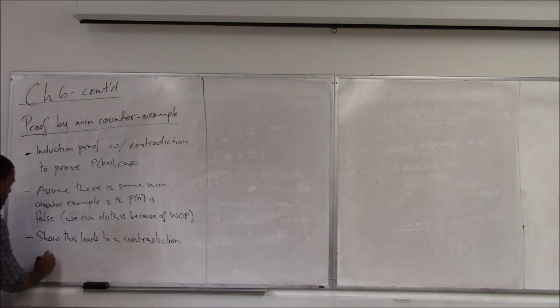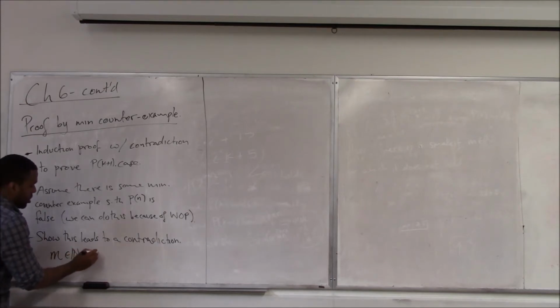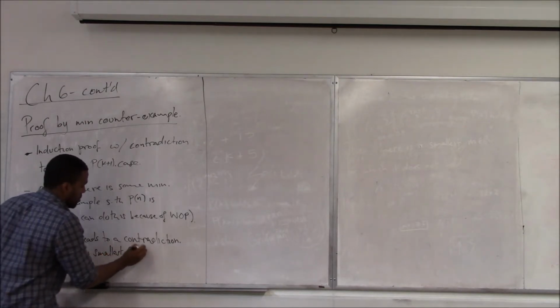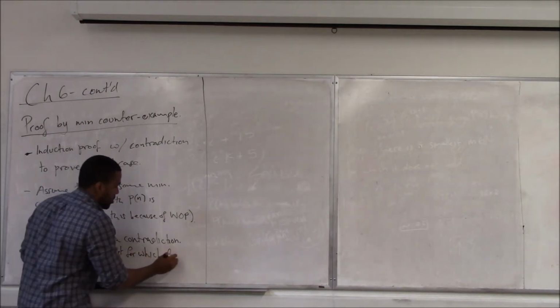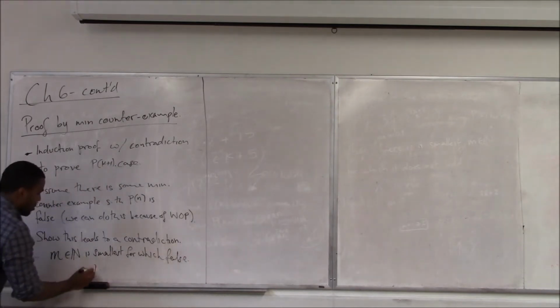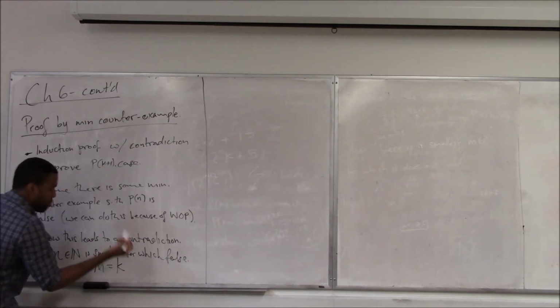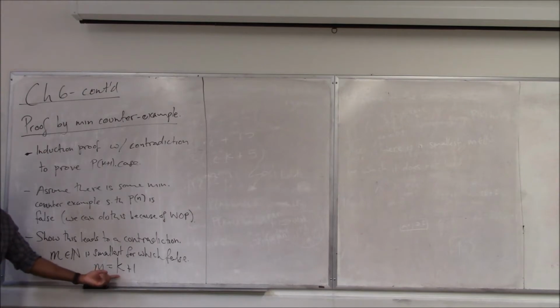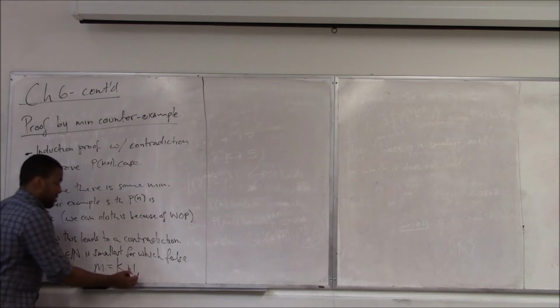So if n is the smallest for which it is false, basically you're going to choose n equal to k plus some number. You start with k plus 1, such that you know it does not work for n, but you know it works for k, and you can use that to your advantage. Or you might have to verify several cases.